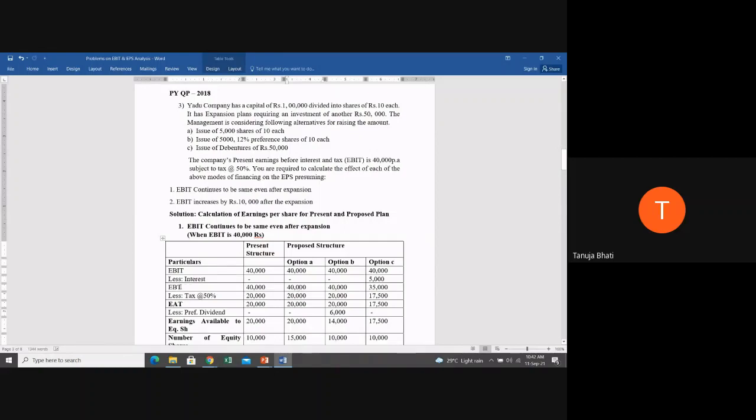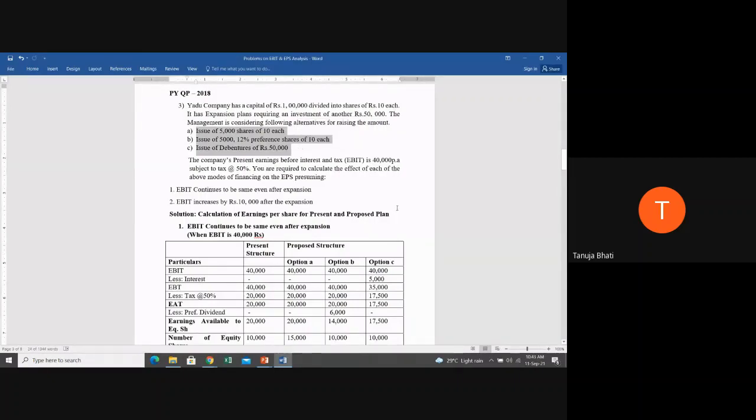Next, EBT is 40,000 same, less tax at the rate of 50%. So 40,000 into 50%, 40,000 into 50%, and likewise, you got earnings after tax as 20,000, 20,000, 20,000, and 17,500. Less preference dividend. Now, can you all tell me under which option will preference dividend come into picture?